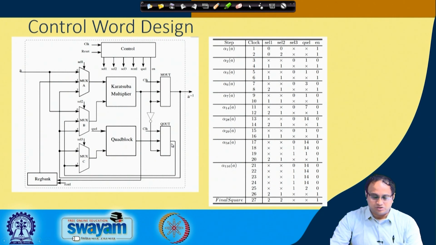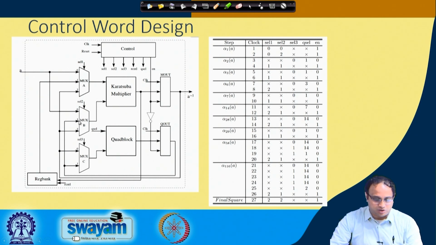So, in the next clock cycle, that means in clock cycle 4, I will multiply this with A. So, what I have to do is take this and multiply this back. So, what I do here now is again I activate my select 1 and select 2 signals, and I make both of them 1. So, that means this is 1 as well as this is 1.